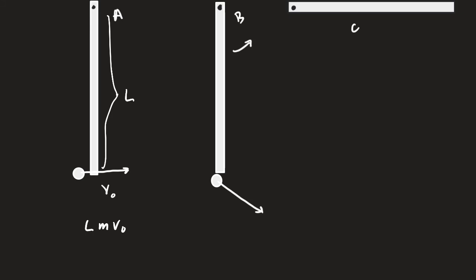But afterwards, the ball has some new velocity and travels off at an angle, and they want you to use this as your angle, correct? So we would have to assume that the bar has angular momentum on its own, just the bar, and the ball still has its own angular momentum relative to the pivot point.